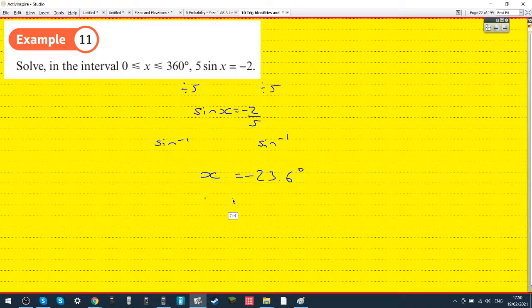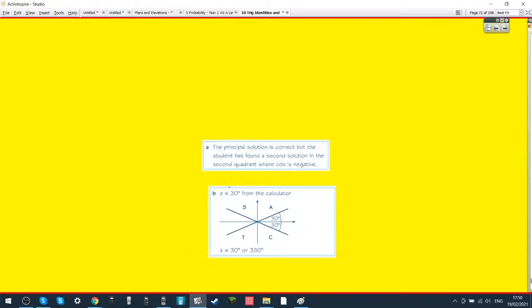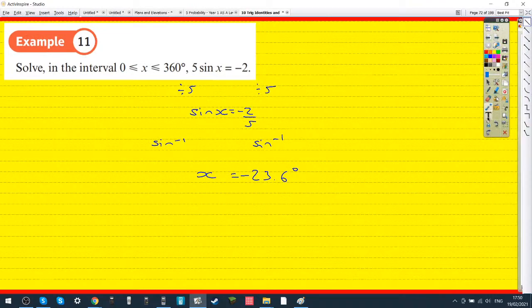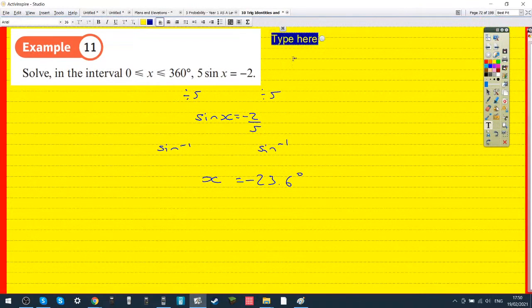For sine? Is it 360 minus? For sine, it is 180 minus. Okay, so all of them are 203.6. And how do we get another solution within the range?